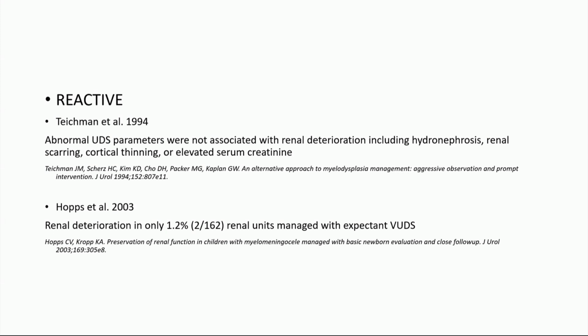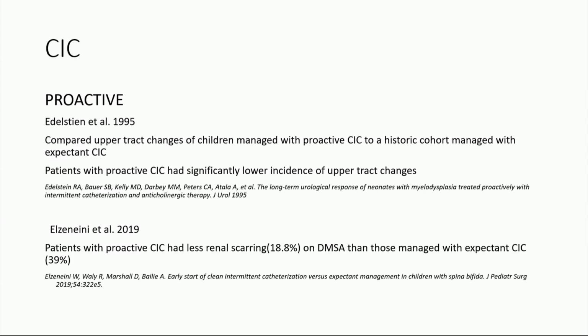The Hobson group in 2003 also demonstrated the success of the expectant approach by showing that renal deterioration occurred in only 1.2% of the renal units which were managed with the expectant video urodynamic study.